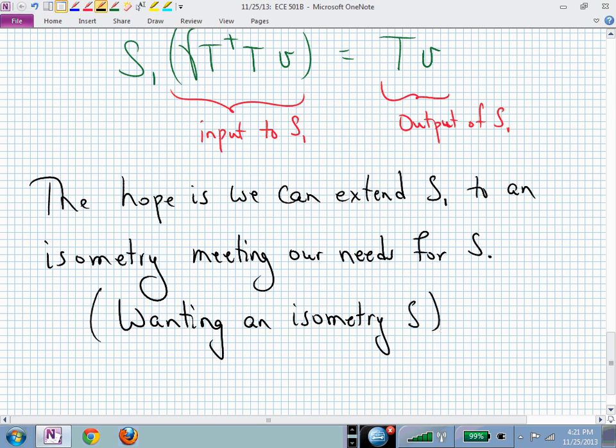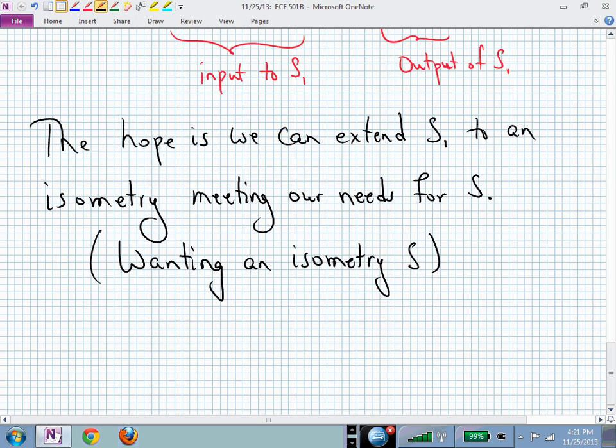meeting our needs for S. So we're wanting an isometry S, and the range space of T may not be filling up the entire space of the dimension of the domain of T. So now let's build this piece up.